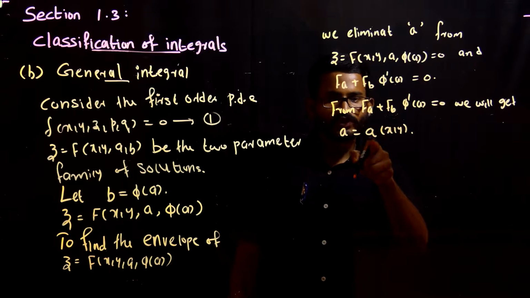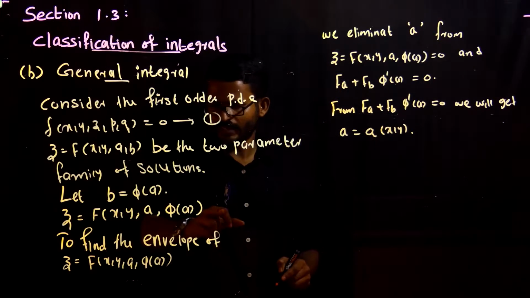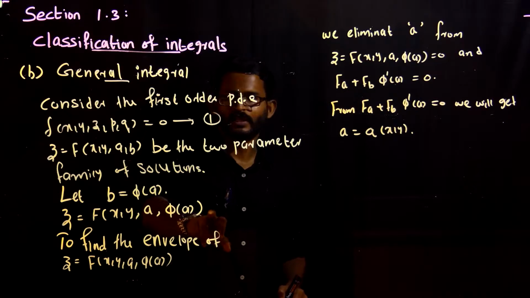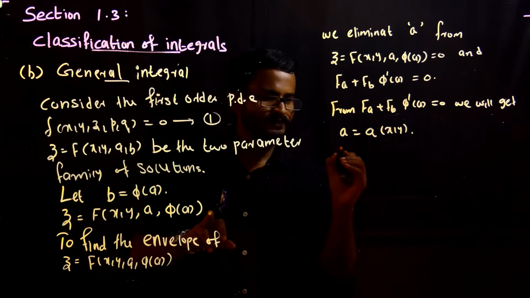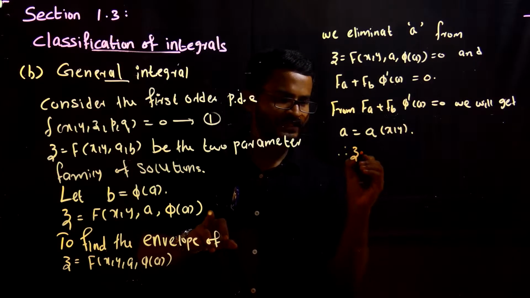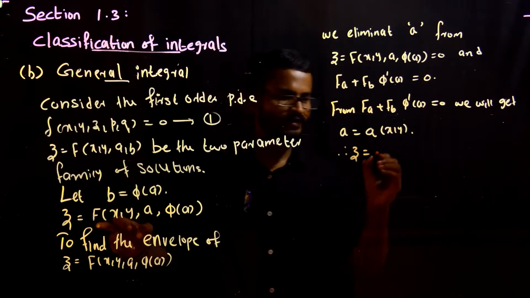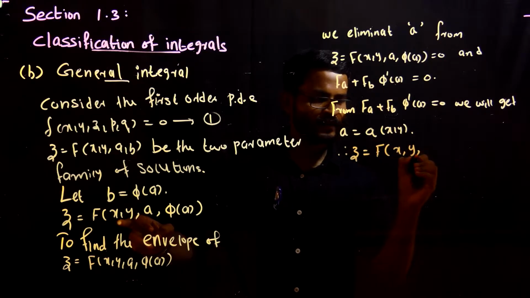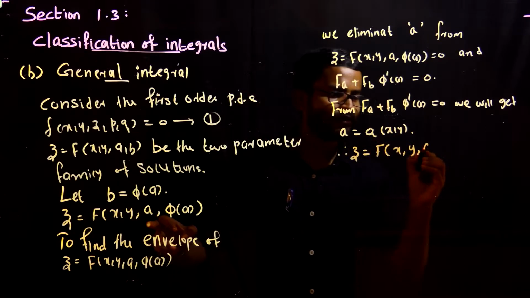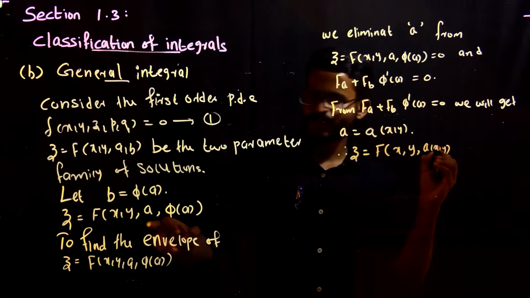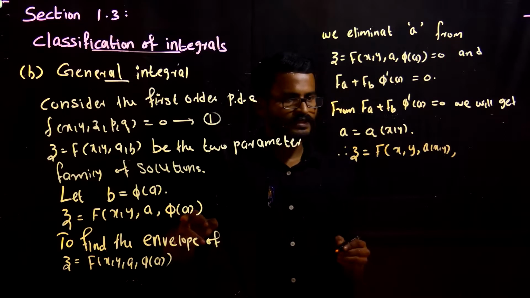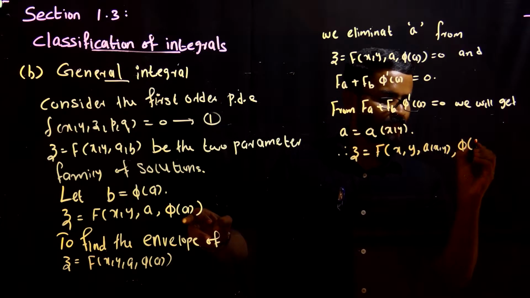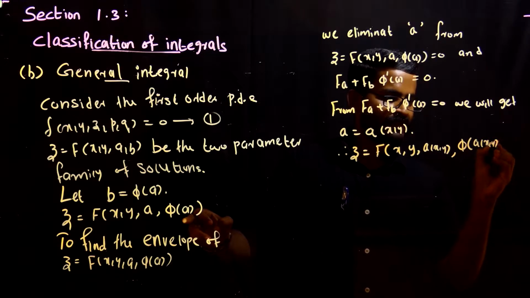Now substitute this a in this equation, and therefore z is equal to capital F of x, y, a of x, y, phi of a of x, y.